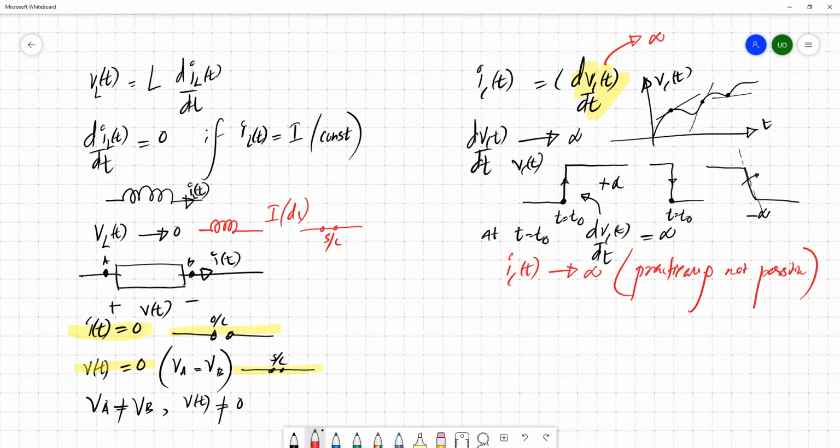So in the practical sense, we can say that i(t) goes to I max, which is the maximum current we can draw from the source. So this is the maximum current drawn from the circuit.